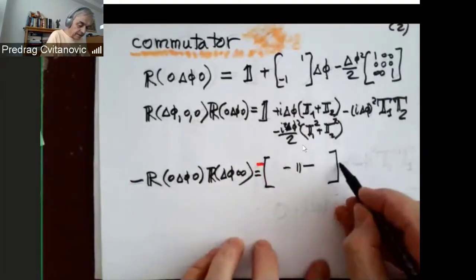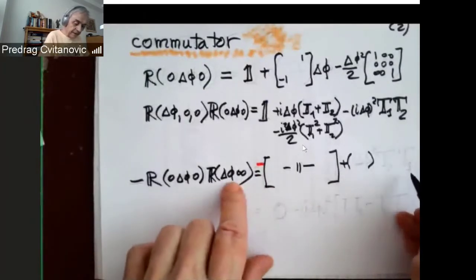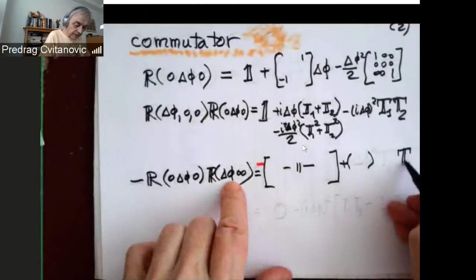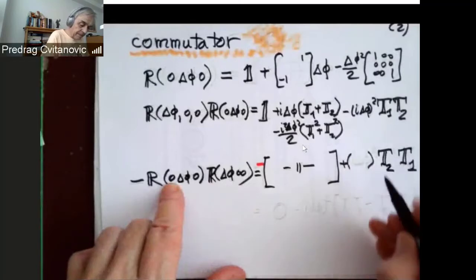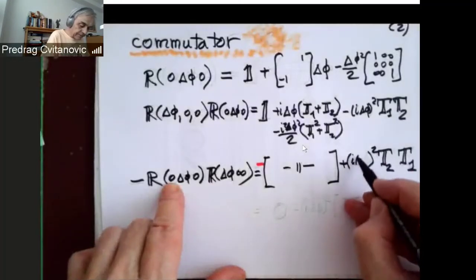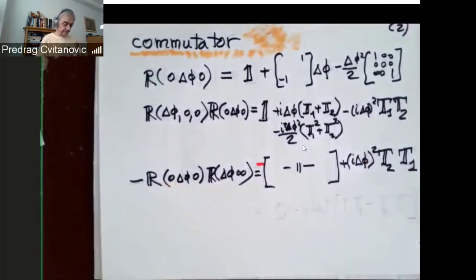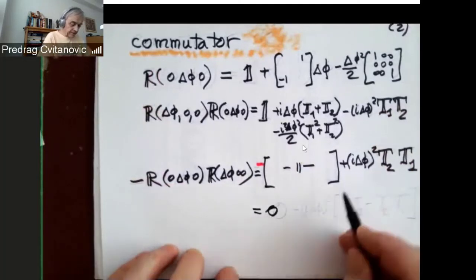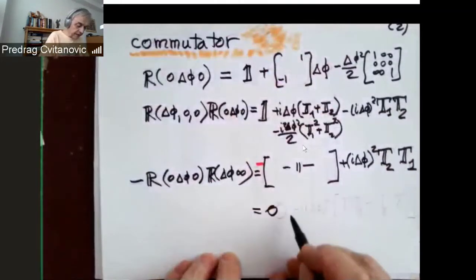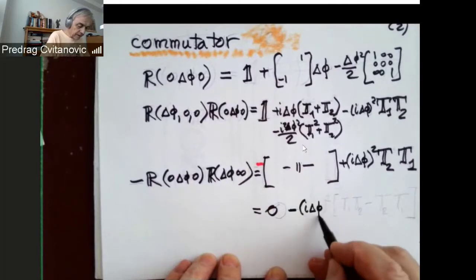Well, this one is actually different because I picked up a rotation around 1 from here, followed by a rotation around 2 from here, and this is of order I delta squared 2. So when I subtract them, all this stuff is 0. The reason I had to keep the second order is that that's the first non-vanishing term. It's minus I delta phi squared.